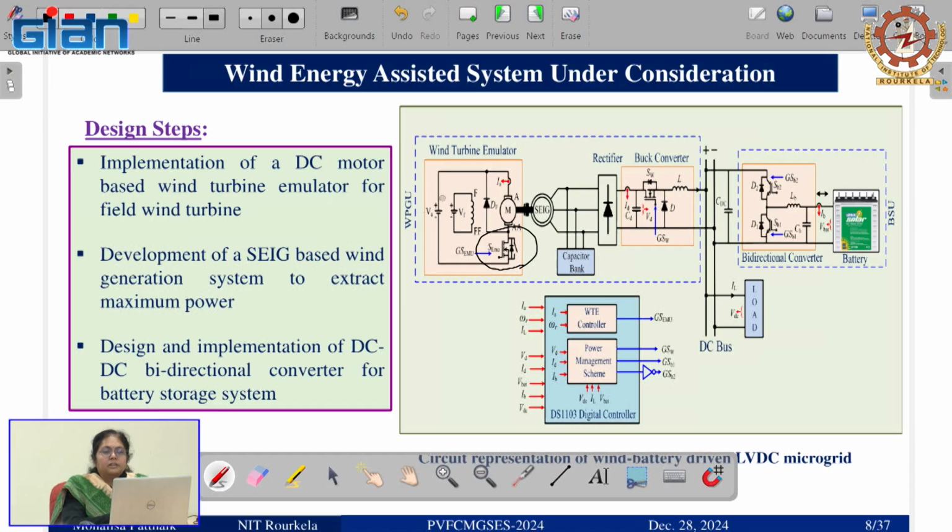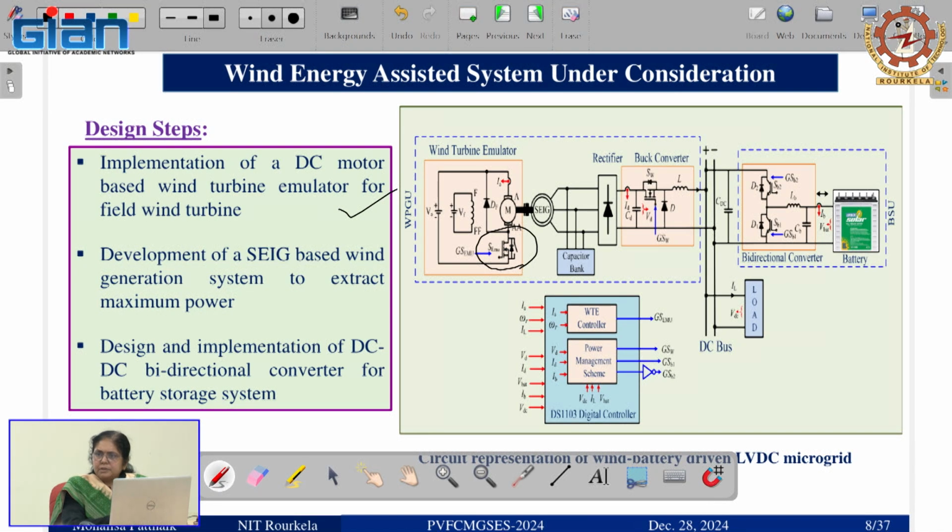So here the design steps for developing this whole wind energy conversion system: we have 3 steps. First, to develop the wind turbine emulator. Okay, here you can have different sets also instead of DC motor, but DC motor is the easiest one to implement. Both squirrel cage motor and generator sets you can have.